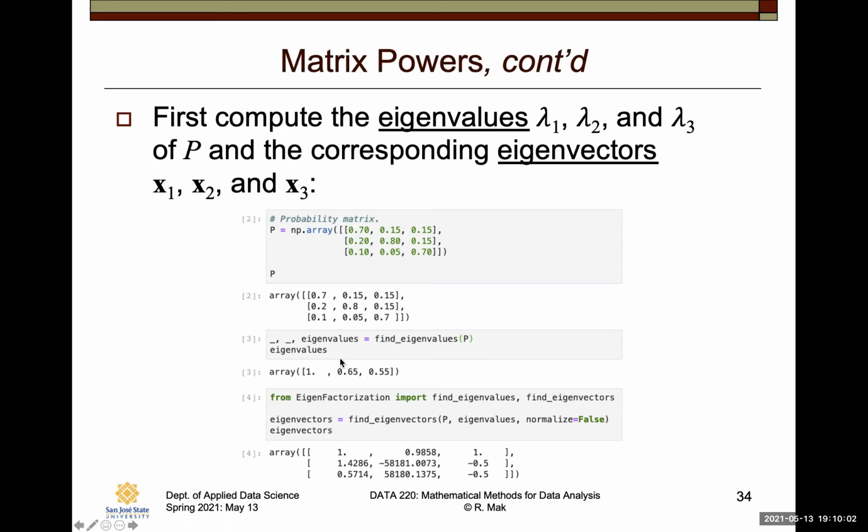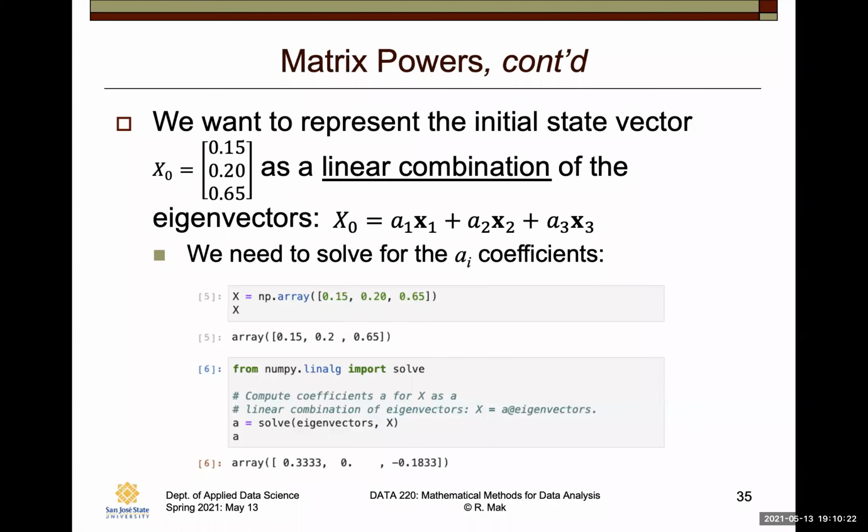So here we got 1.65 and 0.55. And then I calculate the eigenvectors, and I don't bother to normalize them. And so here are the eigenvectors, each of the columns. And what we want to do is to represent the initial state vector.